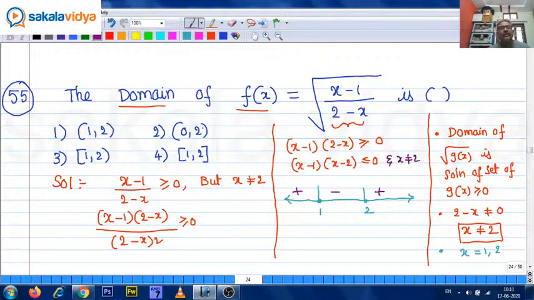This must be remembered. So 2 is open, whereas 1 is closed, and 1 to 2 you need to consider. Therefore, domain of f equals closed 1 comma 2 open. So the third option is the right option.